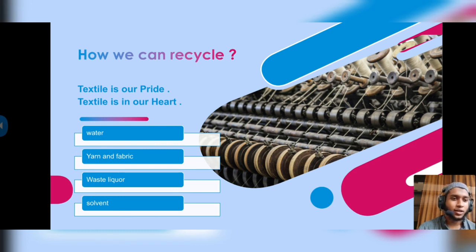I already discussed water, yarn, solvent, waste liquor. So if we are able to do this recycling, then it will be very beneficial for our environment, for our factories. We will be able to make some extra pennies. Then it will also be beneficial for our employees.